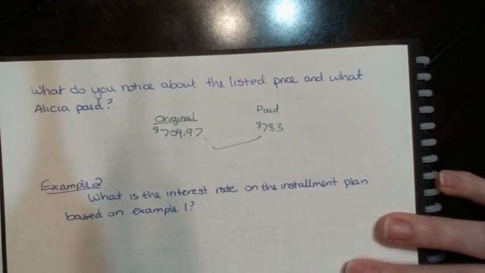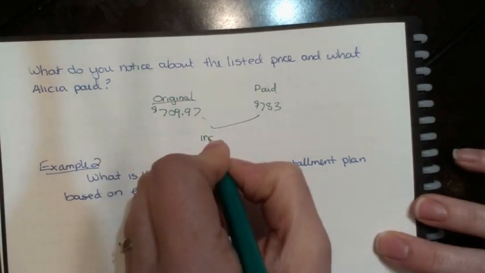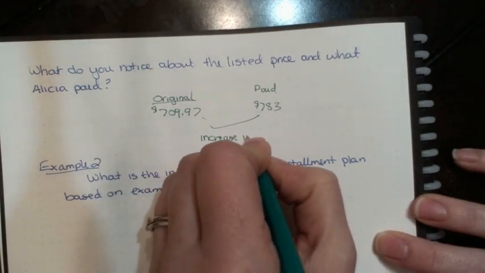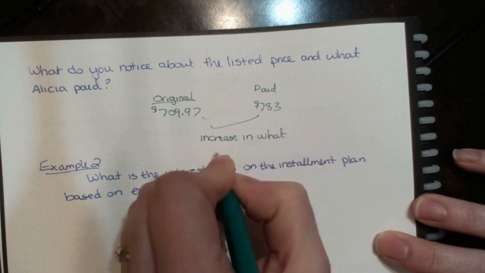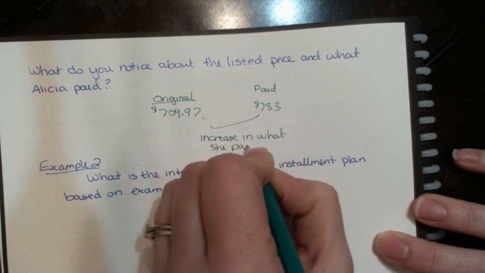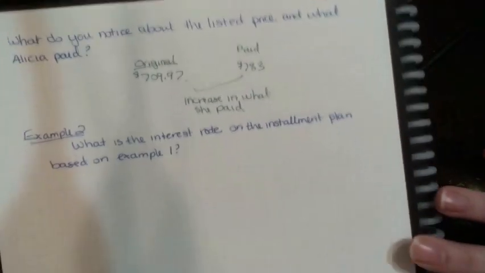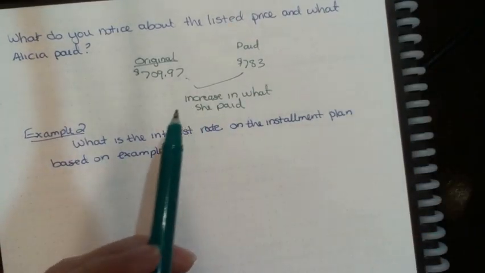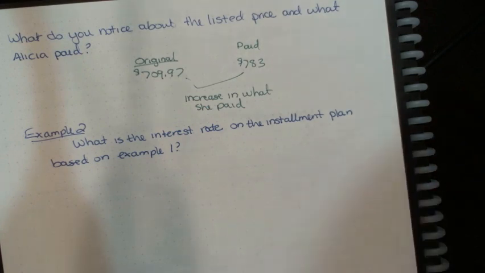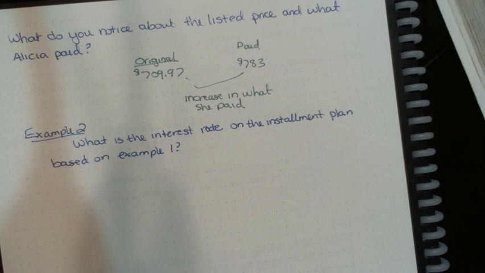She had a significant increase in what she paid. That is because the seller tacked on an interest. But since they calculated it for you, we don't know what percentage increase that Alicia paid for this computer.